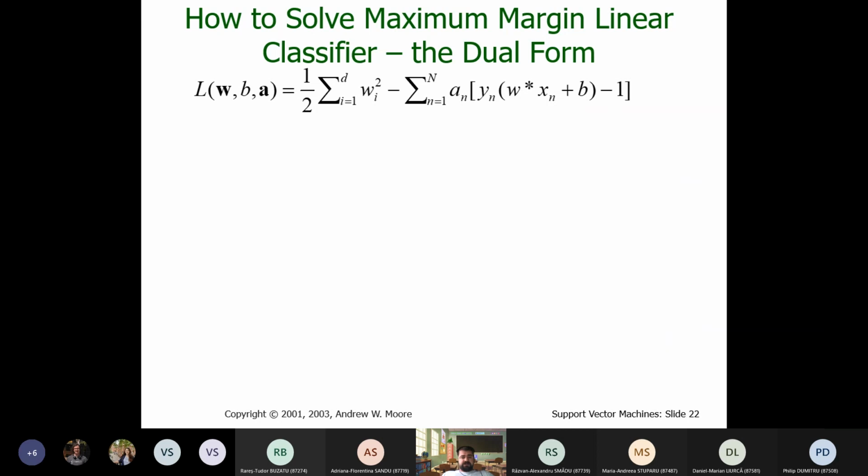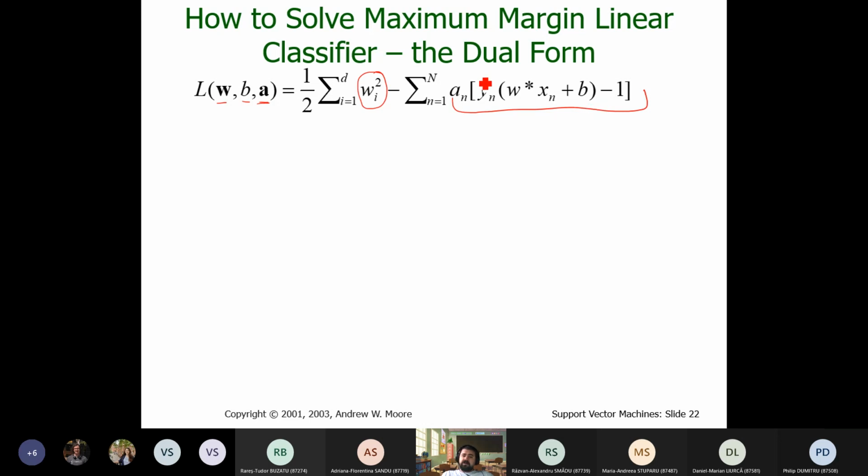To solve this problem, we need to define L of w, b, and a. So it depends on the weights, on the value of the bias, and on the Lagrange multipliers. This is the weight that we would like to keep as low as possible. So we said that yn multiplied by (w xn plus b) should be greater or equal to 1.